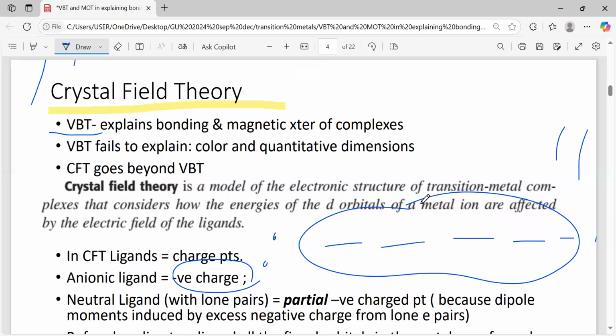Either way, it is assuming that ligands must have a charge on them. Another key thing is that ligands don't have a positive charge. Ligands ordinarily have a negative charge, either as anions like chloride or as neutral ligands like ammonia.